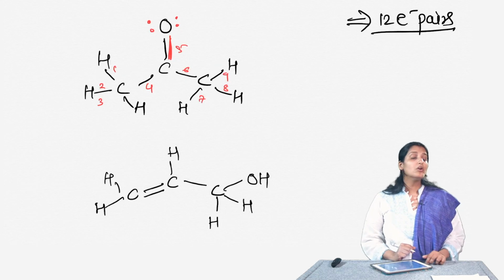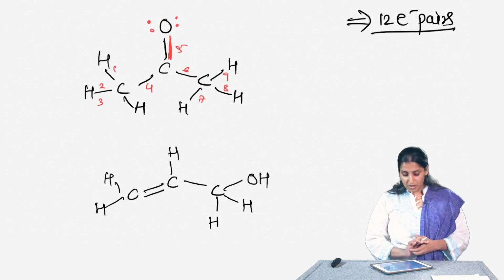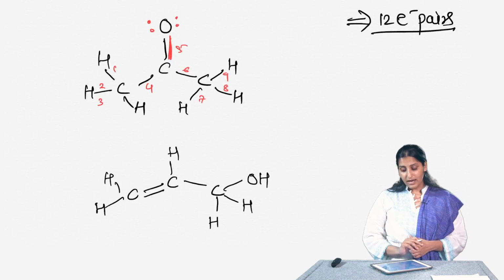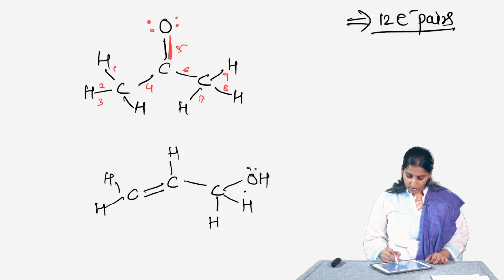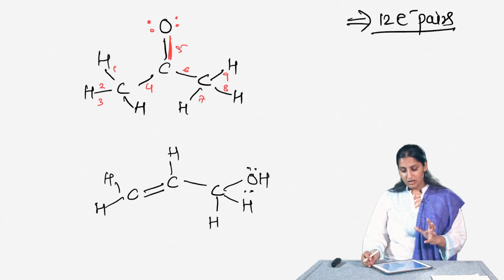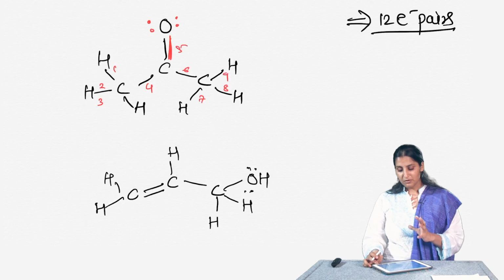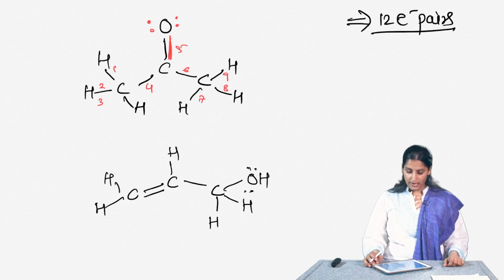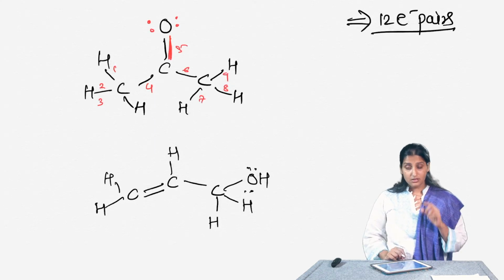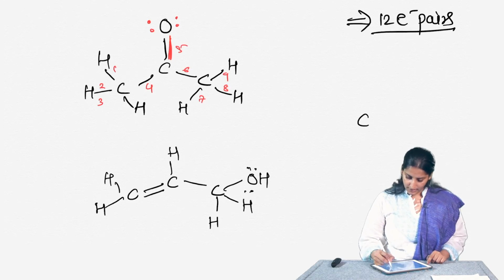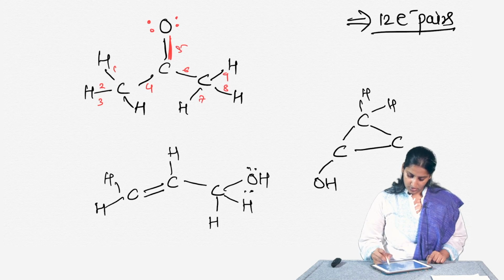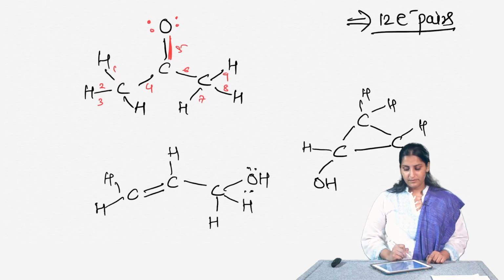This is also a valid Lewis structure of the same, because I still have every atom completing an octet and I still have the right number of valency fulfilled for all atoms. This is a valid structure. I will tell you one more. So, now I can have this. This also is a valid structure, right.